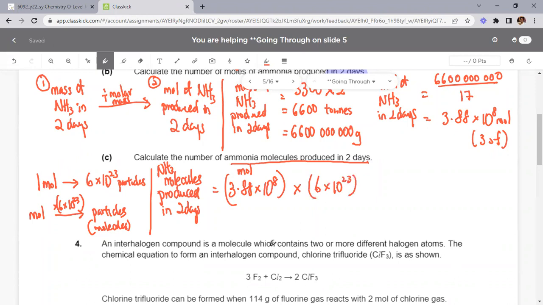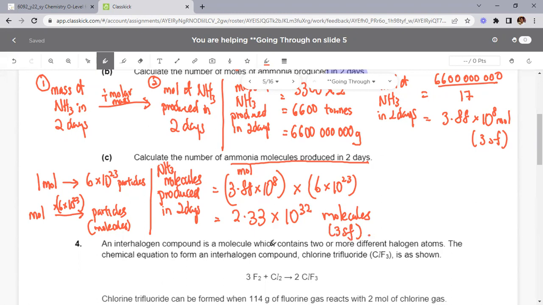This is your Avogadro's constant. What you're going to get is a super big number, which is 2.33 times 10 to the power of 32 molecules. This is rounded off to 3SF.